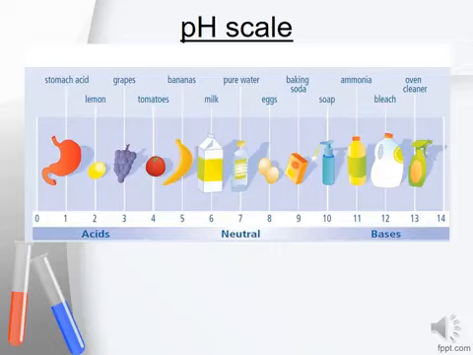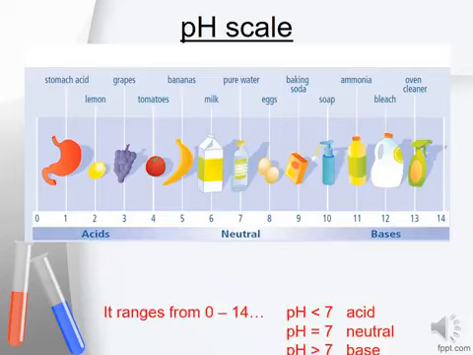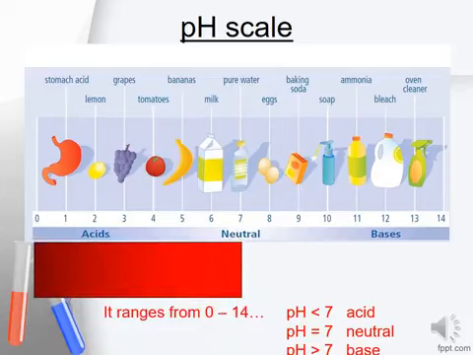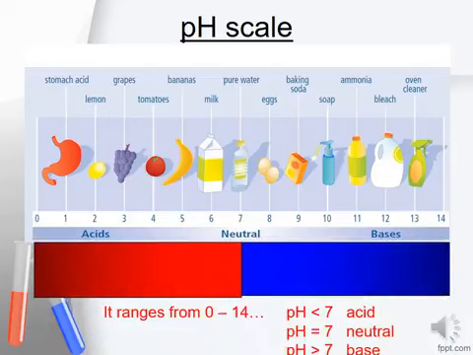More than 7 up to 14 is basic or alkaline. Again, from 0 to less than 7 is acidic, from more than 7 to 14 is basic, and equal to 7 is neutral.